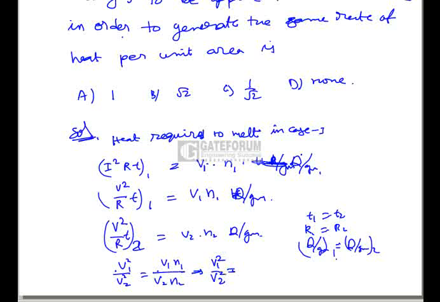Let us say V1 square by V2 square is equal to, the volume of the nuggets being 0.25 into 40 number of nuggets and 0.2 into 50, which is equal to 1. That is V1 by V2 is equal to 1, that is the ratio of voltages for both the cases is equal to 1, and the correct answer is A. A is the right option.